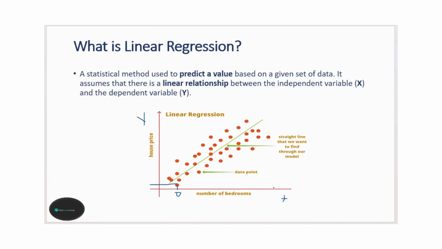But in case we have 4 rooms, then the price would definitely be more for that kind of house. The main purpose of linear regression is that we want to use the model that gives us the best line to get the house prediction.